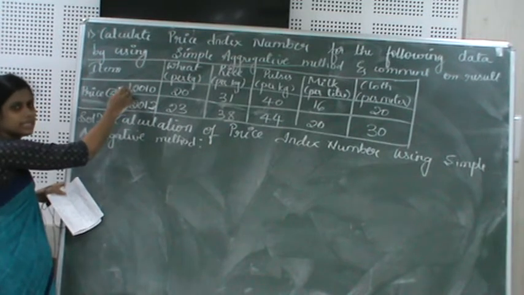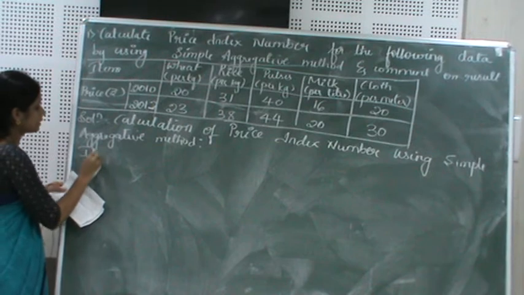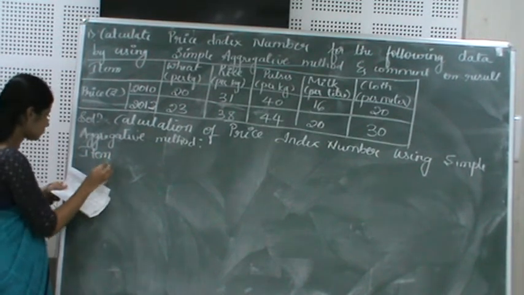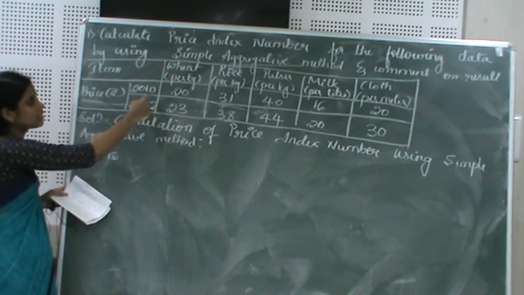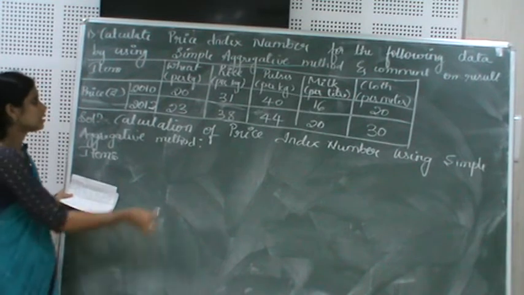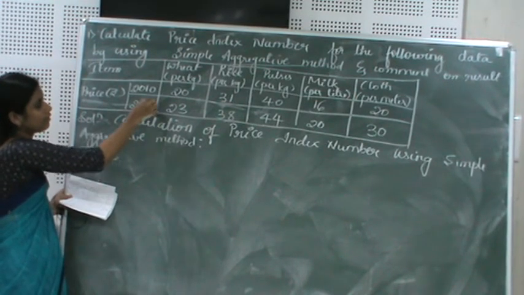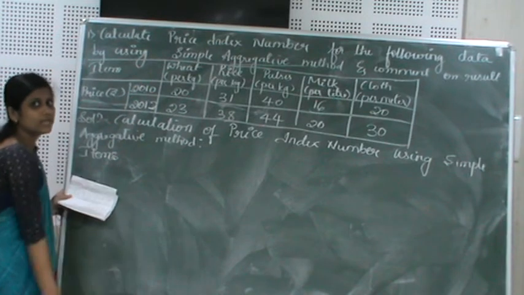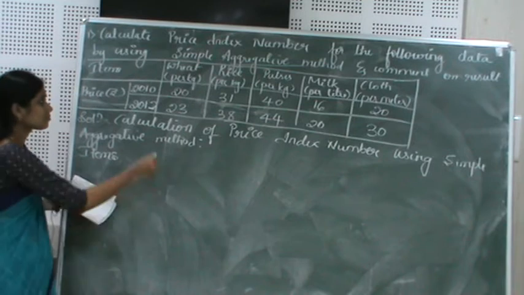Now we will draw the table in the solution. First column is item and second column is price in 2010. Now in 2010 and 2012, which is base year and which is current year? Current year is 2012, for which the comparison is required, whereas 2010 is the base year, which is selected for comparison.